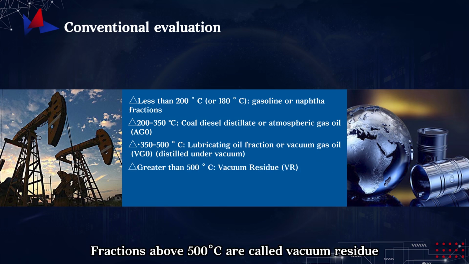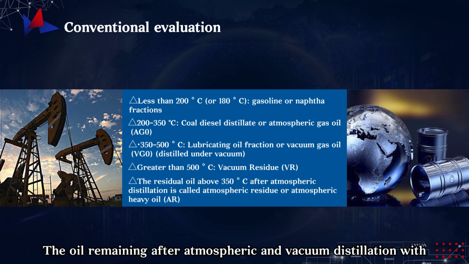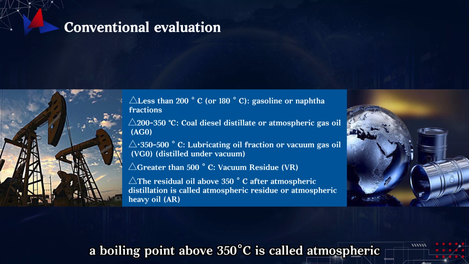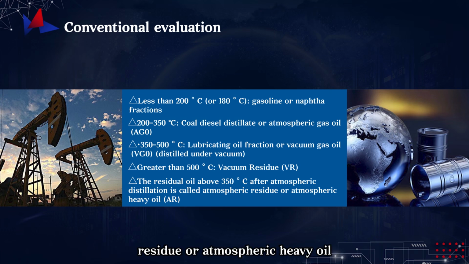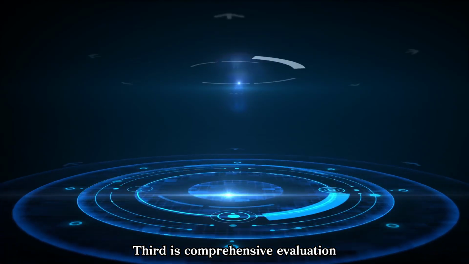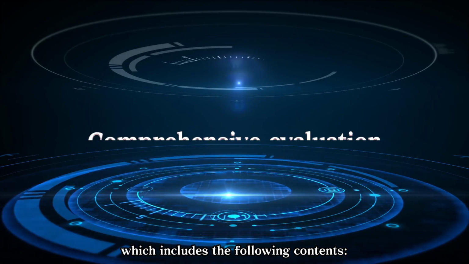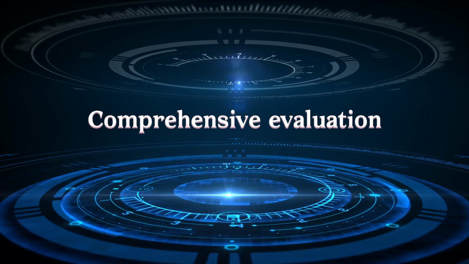Fractions above 500 degrees Celsius are called vacuum residue. The oil remaining after atmospheric and vacuum distillation with a boiling point above 350 degrees Celsius is called atmospheric residue or atmospheric heavy oil. Third is comprehensive evaluation, which includes the following contents.